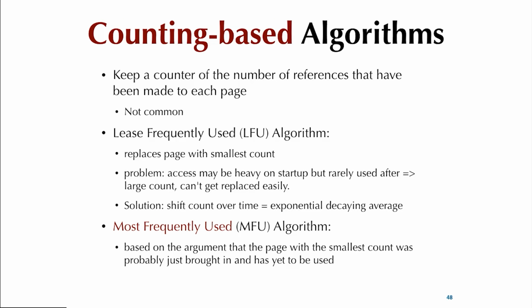There's one called LFU, the least frequently used algorithm. What does it do? You basically keep a count. Every time you access, whether read or write, you increment the count. You might say, this page hasn't been accessed a lot, so I'm going to use that lower count as my criterion for a good victim, because if it hasn't been accessed much, you're guessing that you won't miss it much.